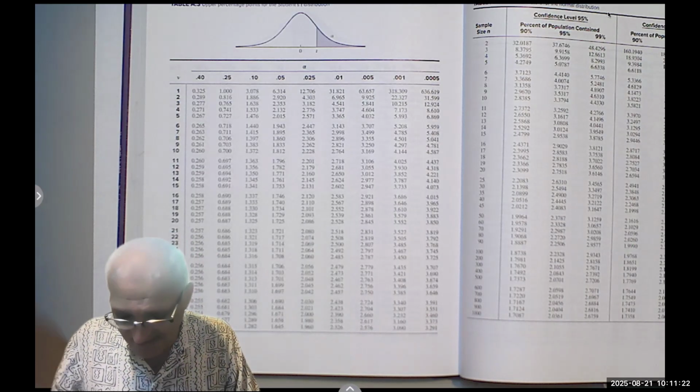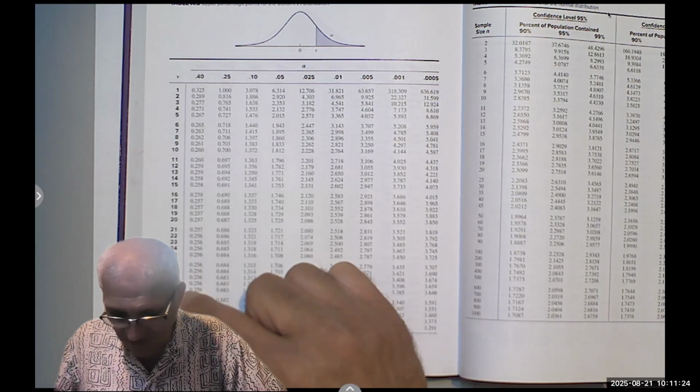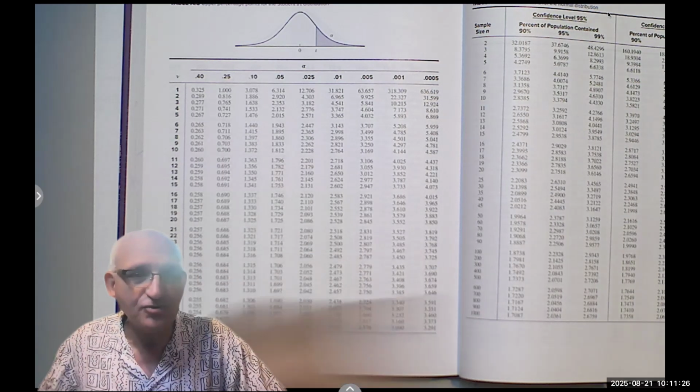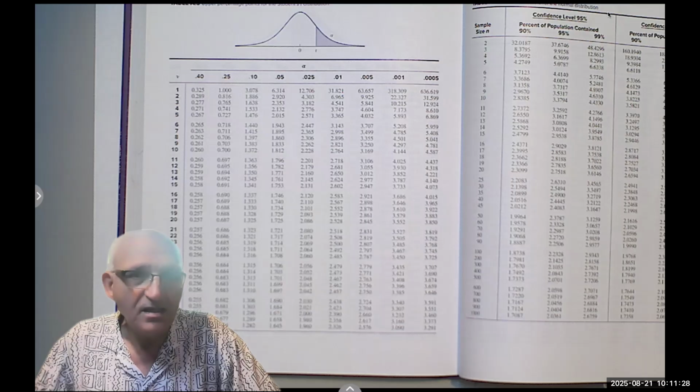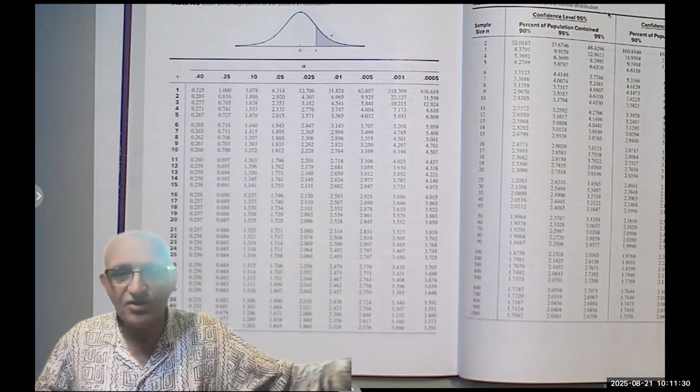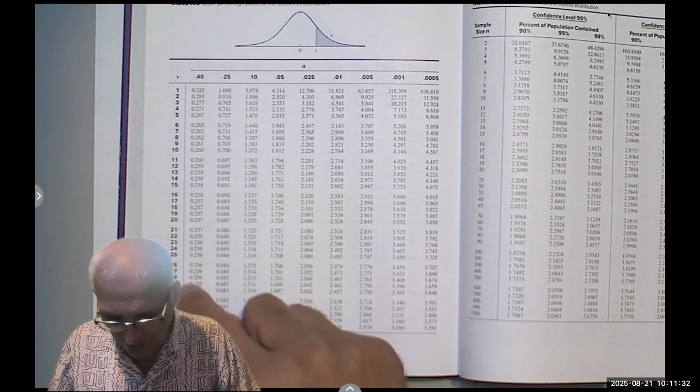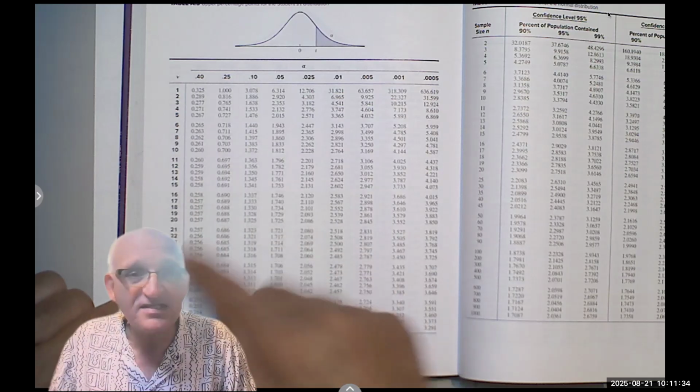But if you try to use the t, and let's say your sample was like 32 or 33, you say, no, I'm not going to use that. I'm going to use 31 or 30 so that my degrees of freedom is in the table.